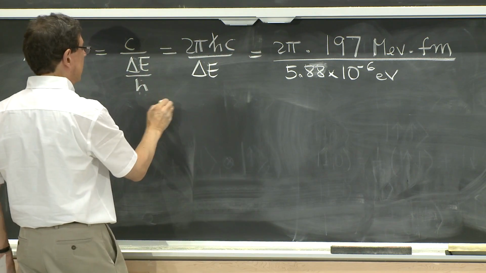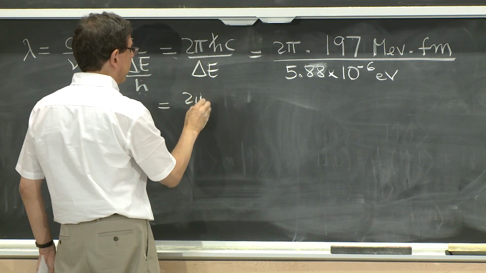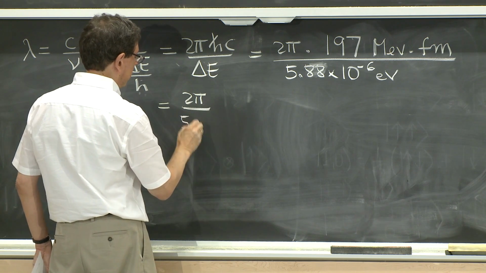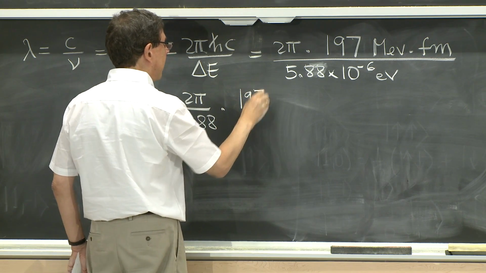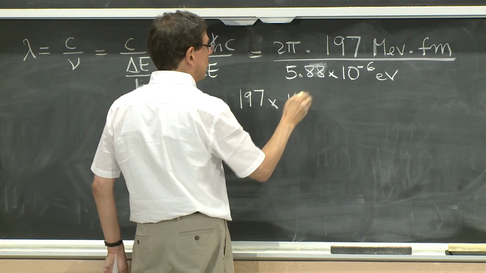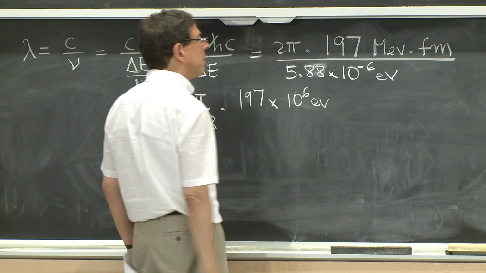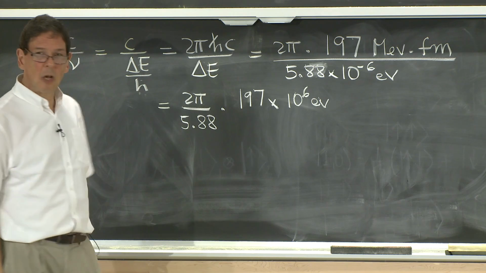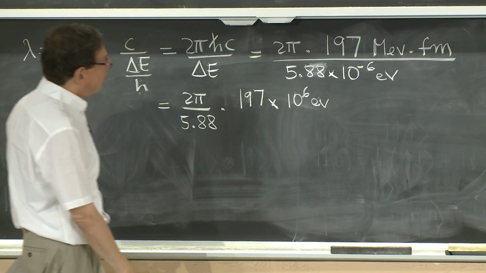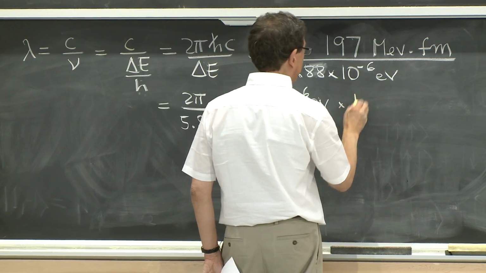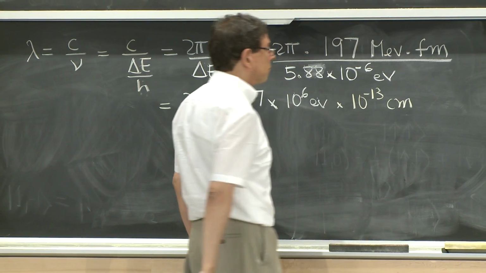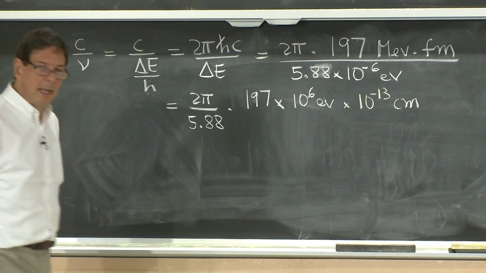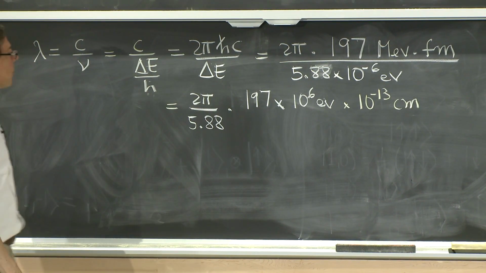So what is this? 2 pi over 5.88 times 197 times 10 to the 6 eV, that's MeV, and let's talk centimeters. A Fermi is 10 to the minus 13 centimeters. People remember it maybe like 10 to the minus 15 meters.